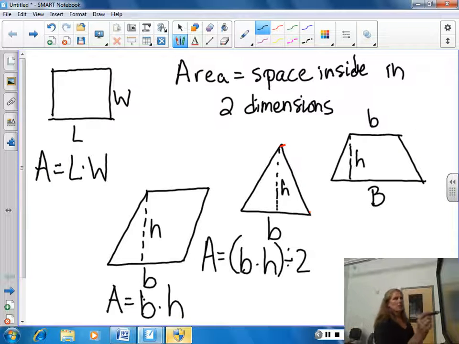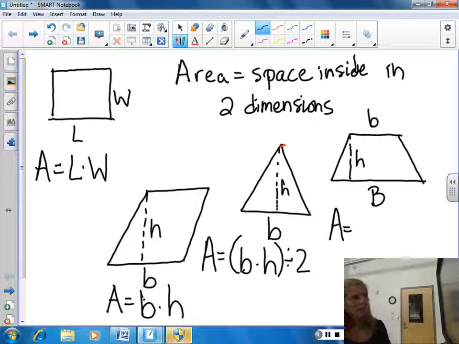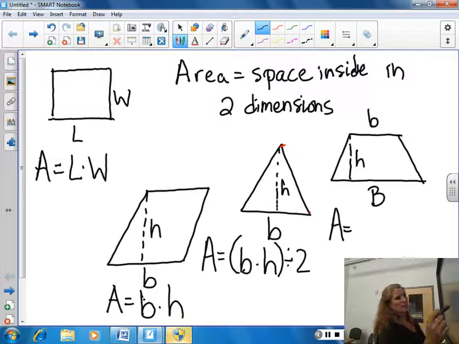And so area equals a little bit more complicated. You've got to take your big base and your little base and find the average. We'll talk about finding the average when we're dividing, but I think we can divide by 2 already. It's just cutting something in half. Big base plus the little base, that answer divided by 2.